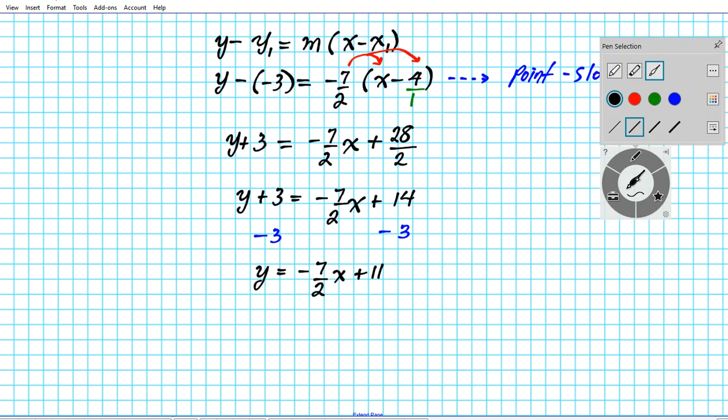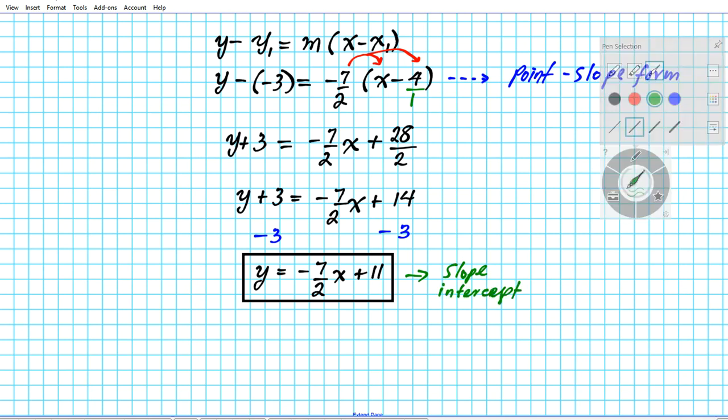Okay, this form that we have right here is the slope-intercept form. That is one of the answers that we are asked to find. So this is the slope-intercept form. Alright, we're done with the first part.